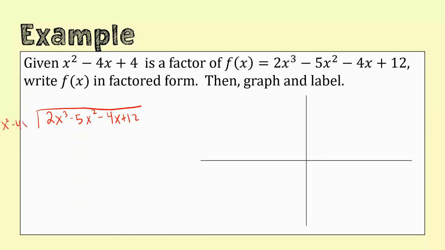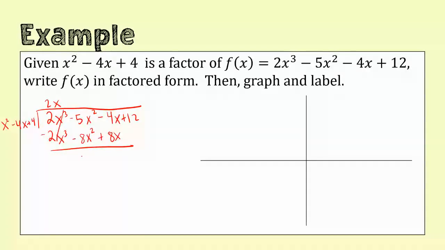X squared minus 4x plus 4. It goes in 2x times. So if I divide a 3rd degree by a 2nd degree, I should just get a linear factor here. So 2x to the 3rd. What is that? 2x to the 3rd minus 8x squared plus 8x.